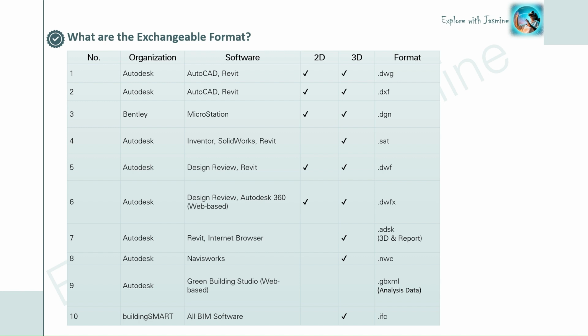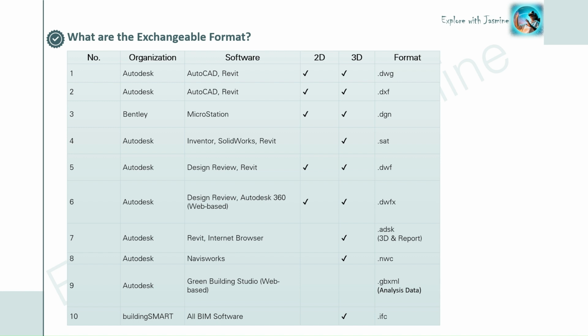.DWF is Autodesk Design Web Format used for sharing and reviewing design data. It can contain both 2D and 3D information for viewing and coordination purposes. DWFX is an updated version of DWF with web-based compatibility.